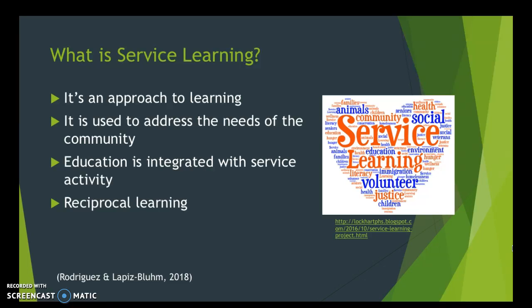So a student perhaps could decide to do a service learning activity at a homeless shelter to provide health assessments to people who are newly homeless and that don't have access to health care.